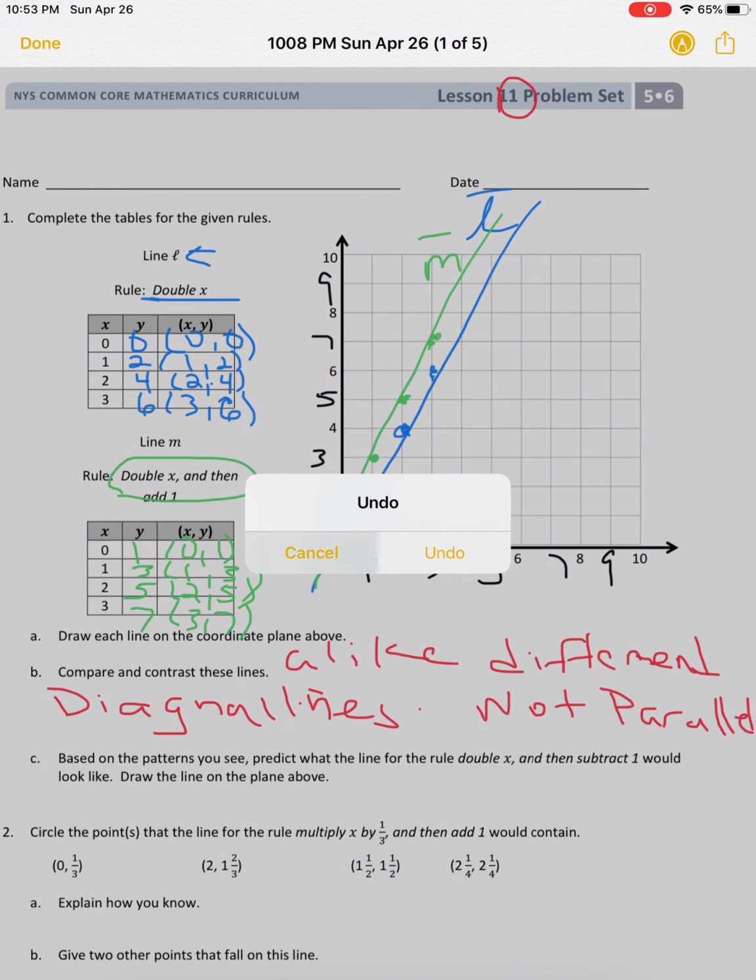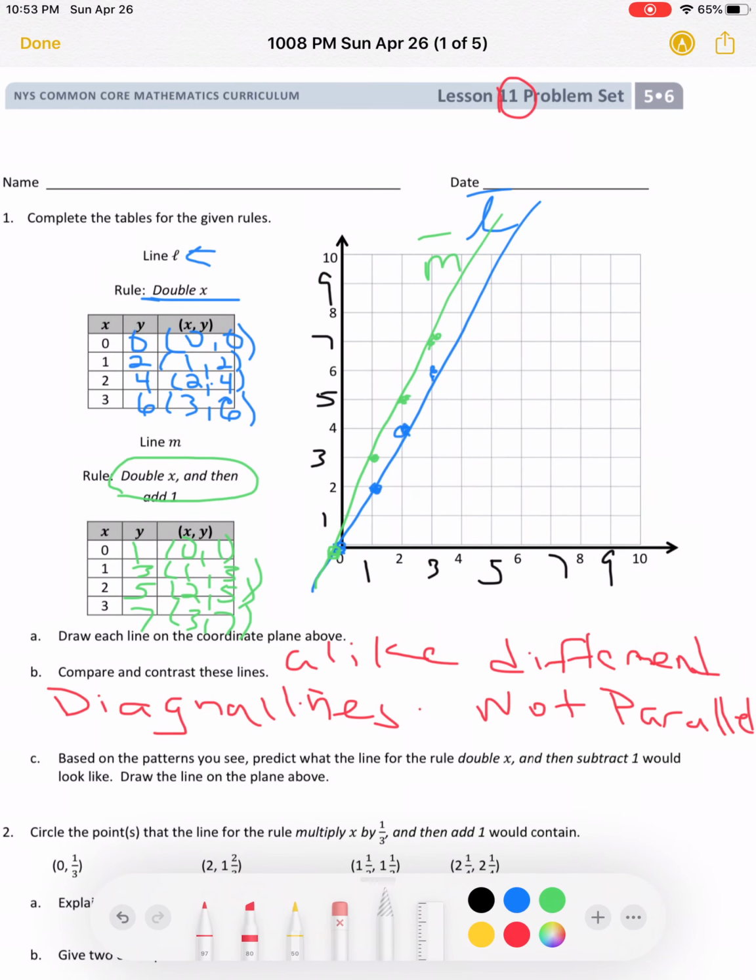Okay. All right, let's continue. C says, based on the patterns you see, predict what the line for the rule double x and then subtract 1 would look like. And then draw the line on the plane above. Double x and subtract 1. So we already know what double x would look like, and that's our blue line. That's here.